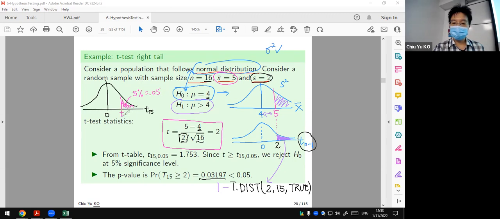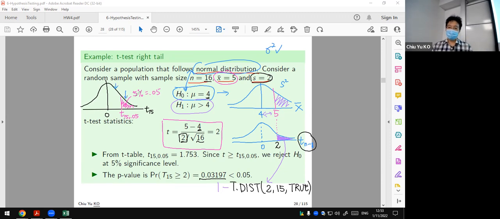What is T15 at 0.05? What is this guy here? If this guy, which we call the critical value, is less than the T, say if your T is here, then you don't reject. If it's here, then you reject.